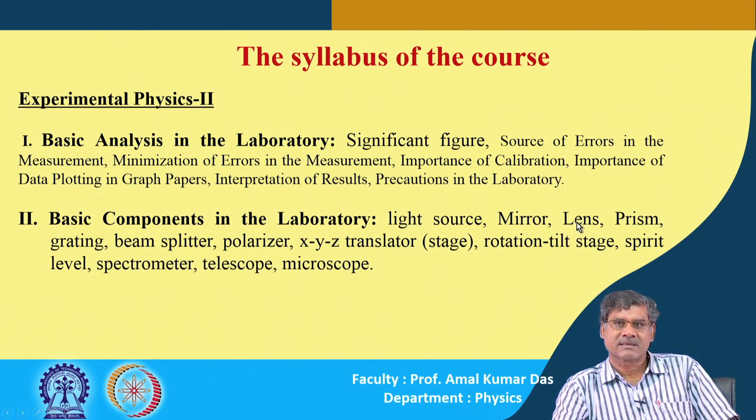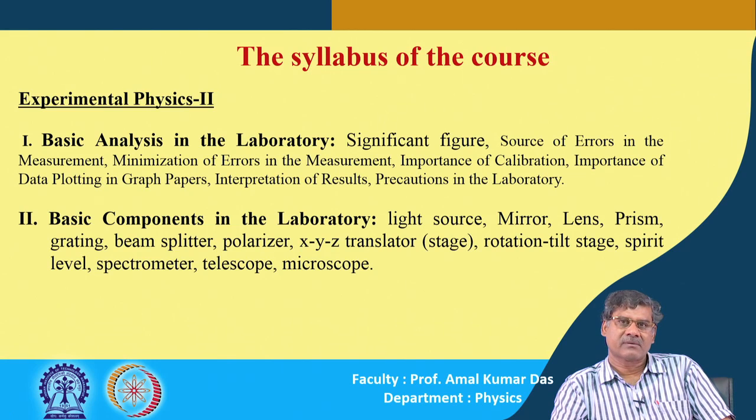Another important component is the prism. Using a prism you can do an experiment to measure the angle of the prism, and the prism is used for dispersion of light.